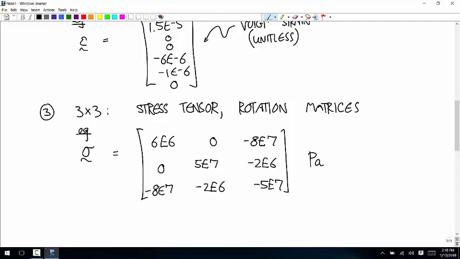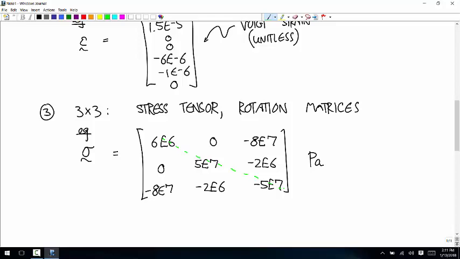One thing you might as well start noticing now is the symmetry that we have in this case for the stress tensor. There's no relationship between the 3 diagonal elements. Those can be anything.